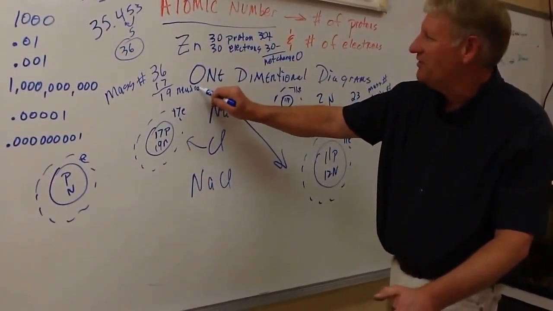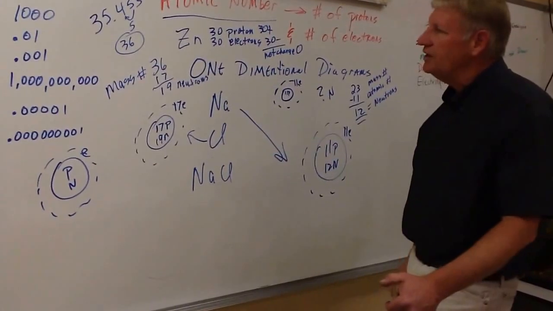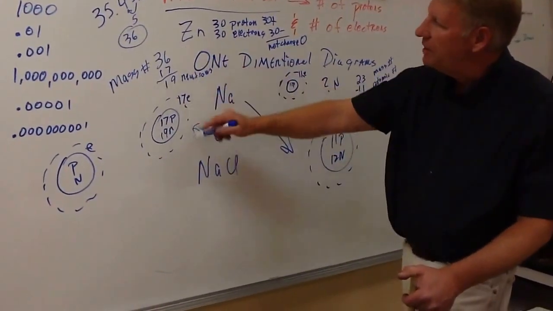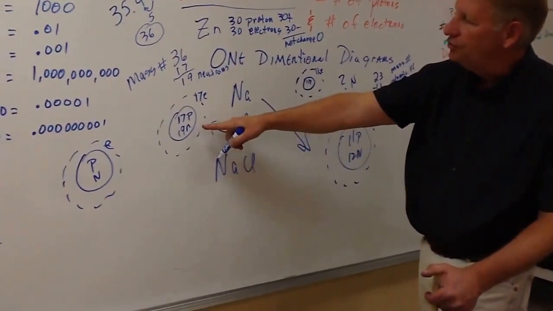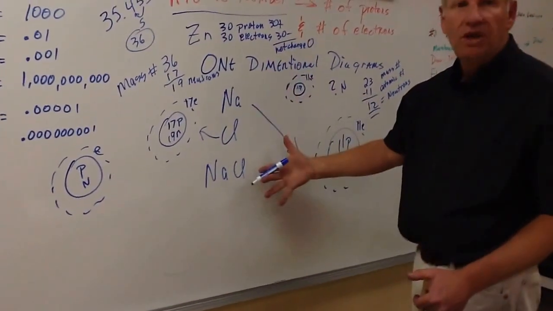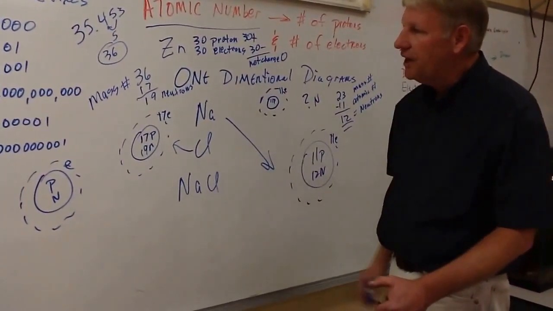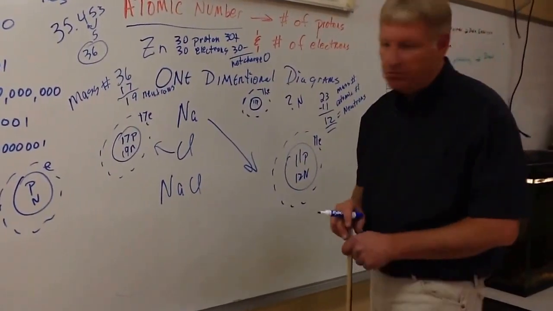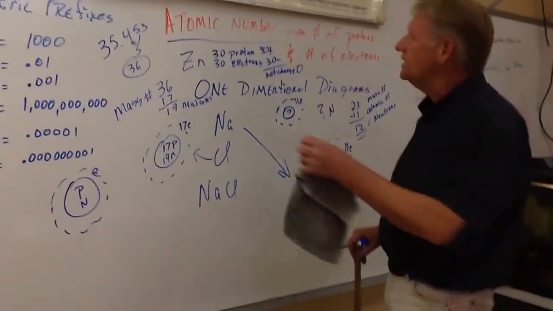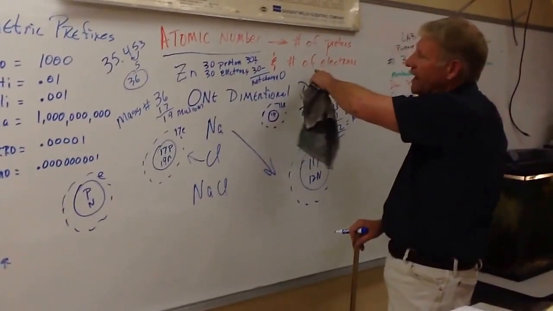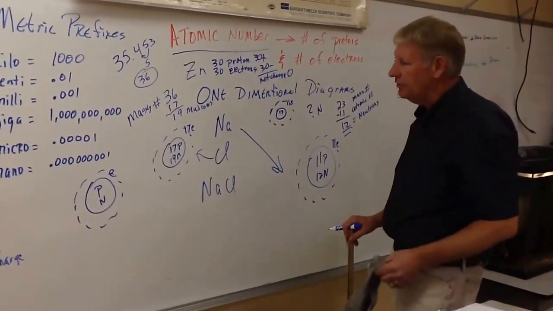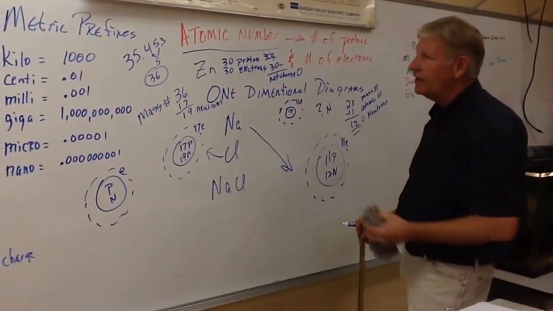There we go. Once again, the mass number minus the atomic number tells us the number of neutrons. So once again, this is a one-dimensional model, as if we lived on a sheet of paper. Now, once again, the atomic number gives the protons and the number of electrons. So we have some one-dimensional diagrams.